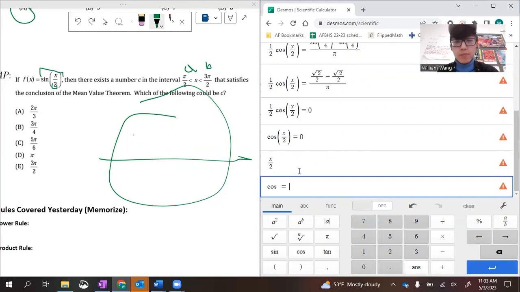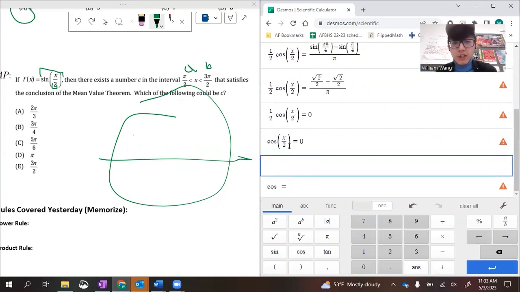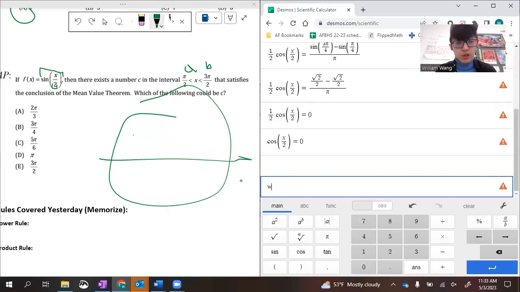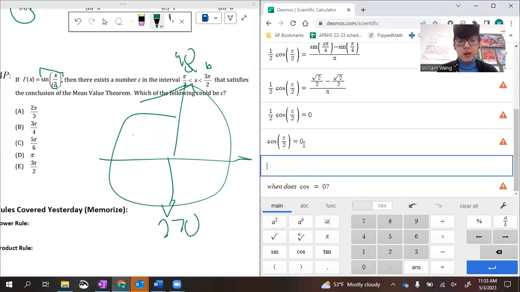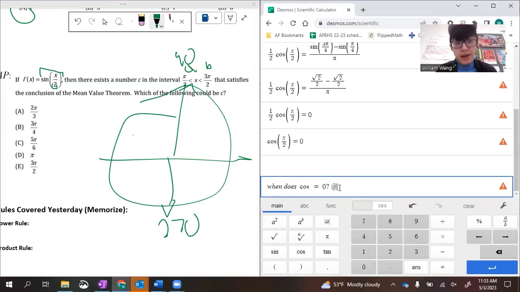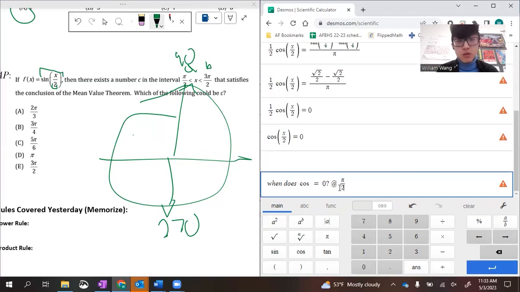But cosine of x over 2 is equal to 0. Well, when does cosine equal 0? Well, cosine equals 0 at 90 degrees because the x value is 0, and 270 degrees. So at 90 degrees or 270, that means cosine is equal to 0 at pi over 2 radians and 3 pi over 2 radians.